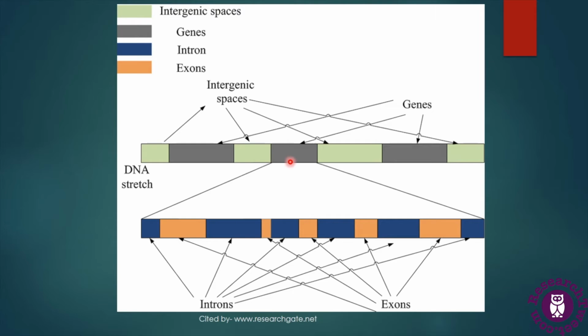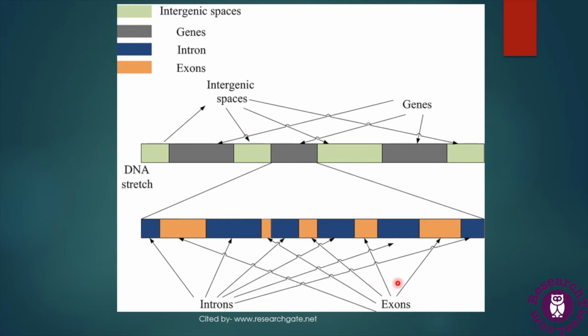When we see the structure of a gene in detail, this is the gene having different introns and exons in its structure. The blue colored regions indicate introns or non-coding DNA sequences. These introns have no ability to synthesize proteins, and in between these introns there are orange colored regions which are exons or coding regions of the DNA.